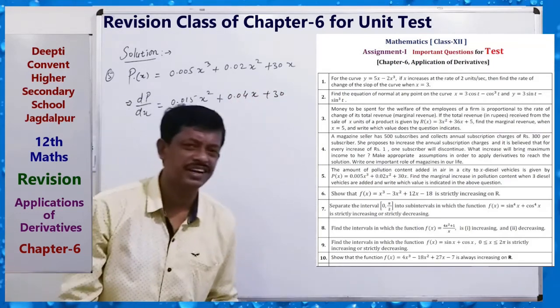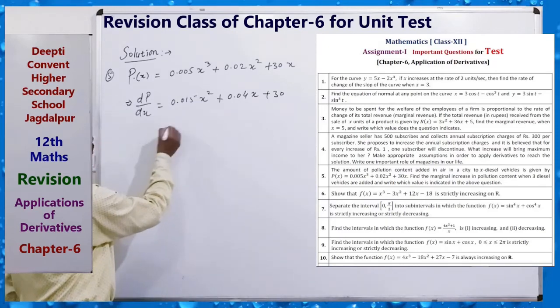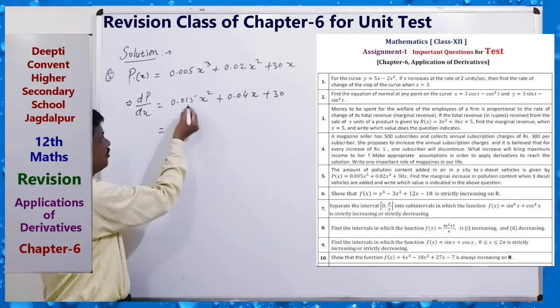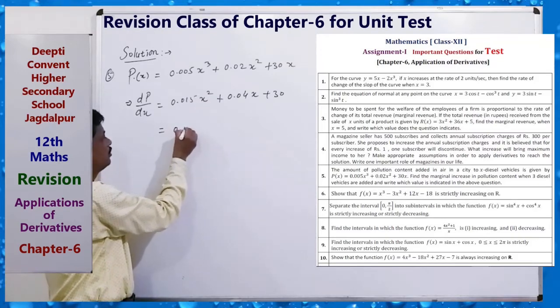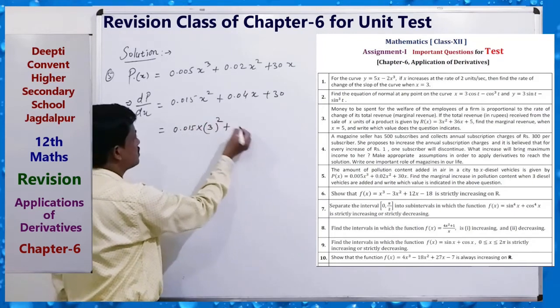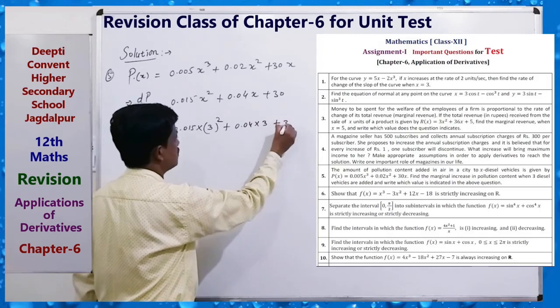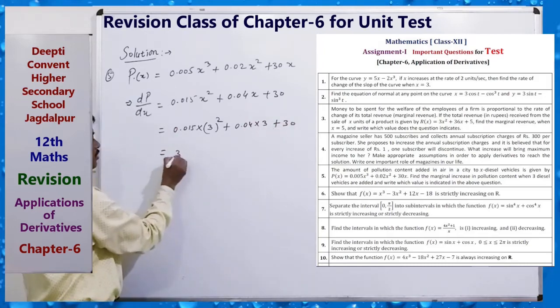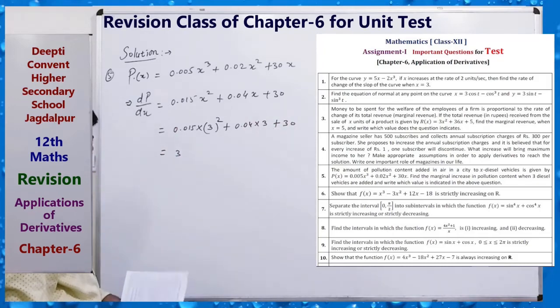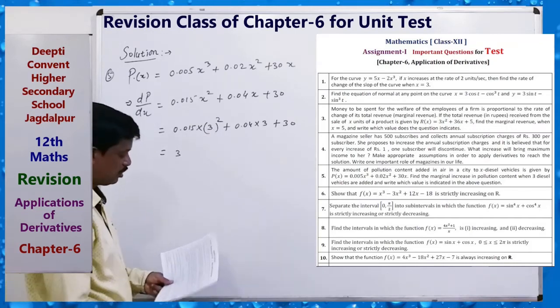Now put x equals to 3. So in place of x you put 3: 0.015 into 3 square plus 0.04 into 3 plus 30. Solve it and you can get the value like 30.255.